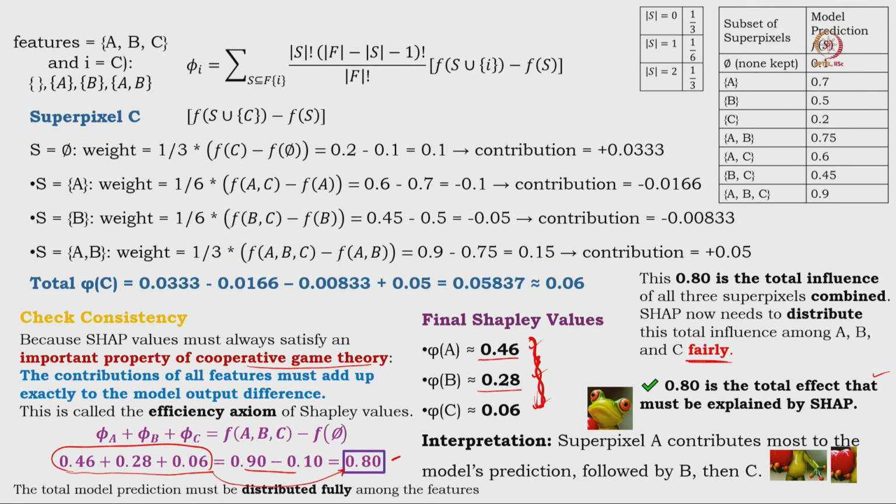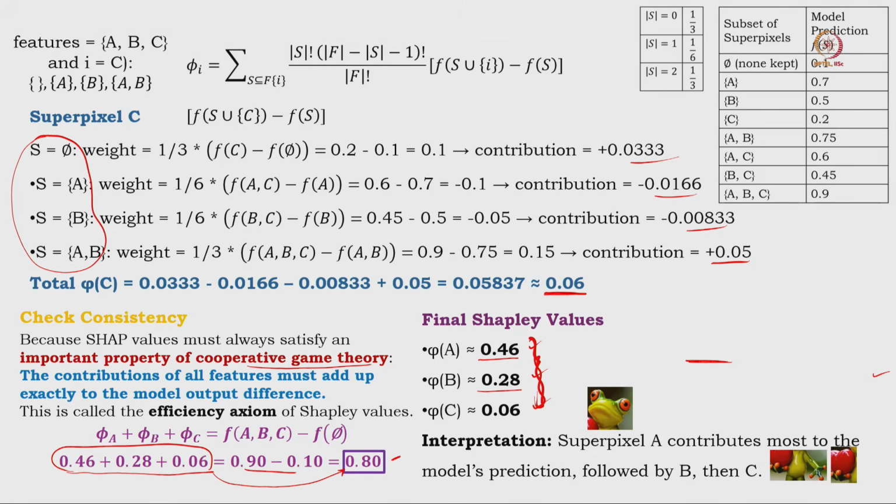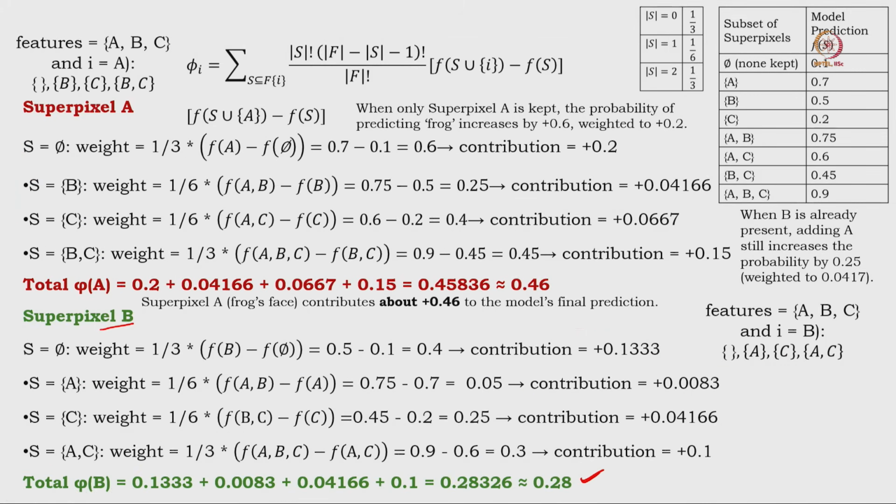The 0.06 you got by adding these values, and we considered every possible superpixel here. Similarly, you got the 0.28 by considering all of these.